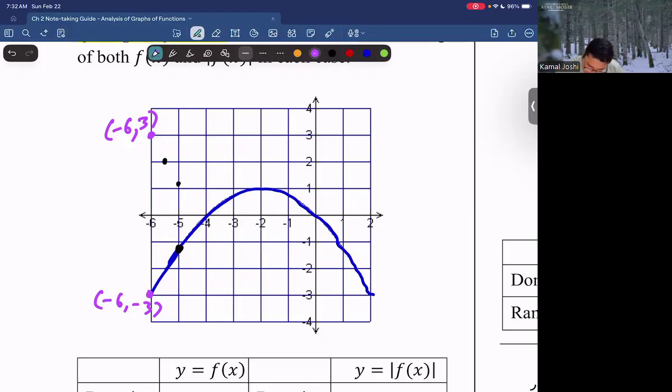And let me try to sketch now more accurately, like that. A little higher seems to be better. I'm just trying to make sure that my graph looks as close as possible to what it should actually be. Okay, like that.